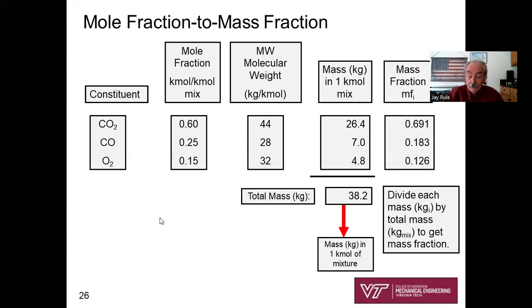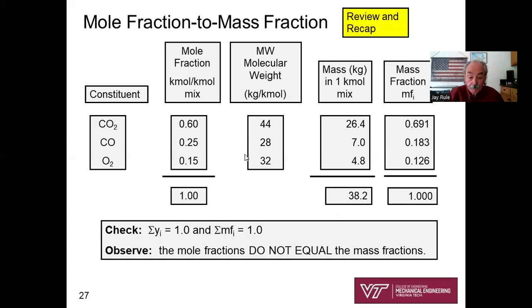Let's recap what we just did. We need to sum up our two columns, mole fraction and mass fraction. Do they add up to 100%? Yes, that's good. Also observe that these numbers do not equal each other. That's good. They may be wildly different depending on the relative molecular weights of your various substances.